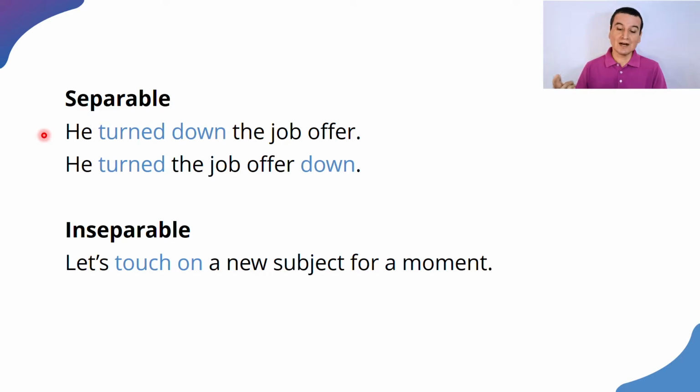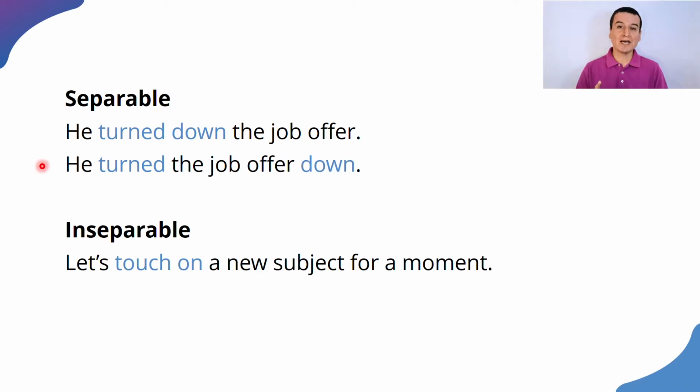We can also express it as he turned the job offer down, which means we are separating the verb and the preposition down with the object that they refer to. Okay, so in this case, we can safely say he turned the job offer down.